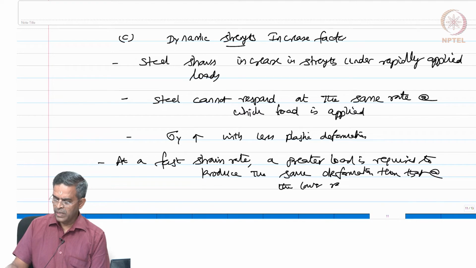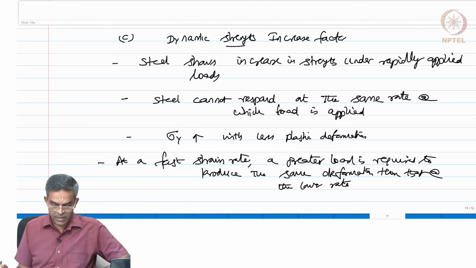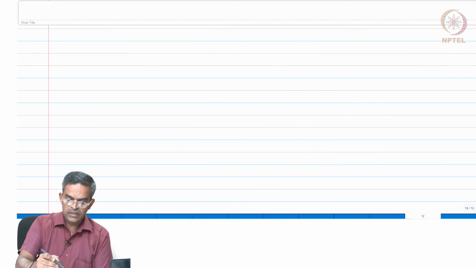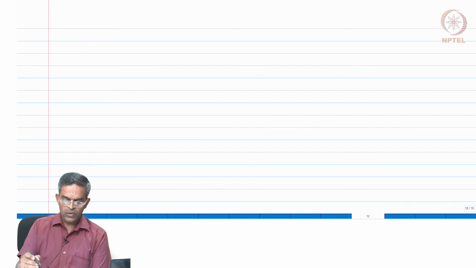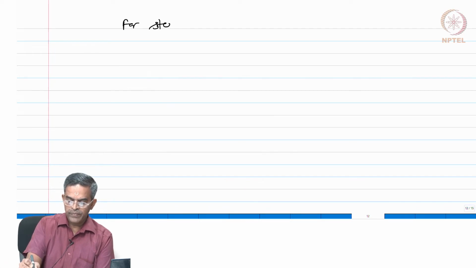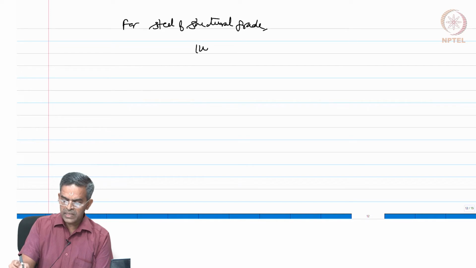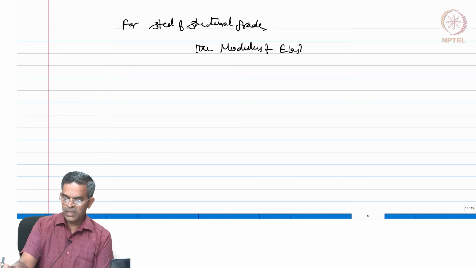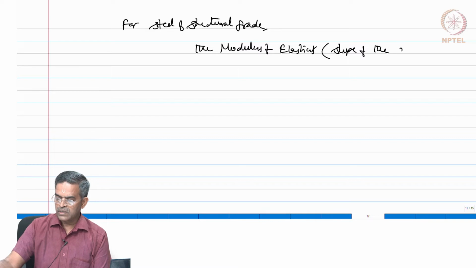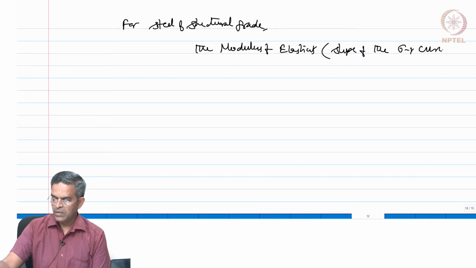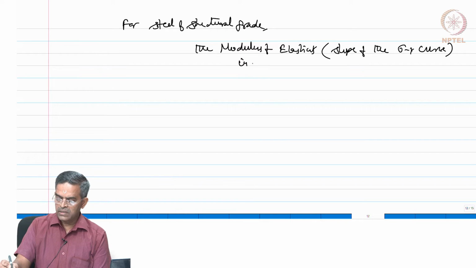I mean this is understood, right, the rate of loading is a very important parameter in stress strain curve. So, for steel of structural grade, the modulus of elasticity, let us recollect what do we understand by this, is actually the slope of the stress strain curve in the elastic region.